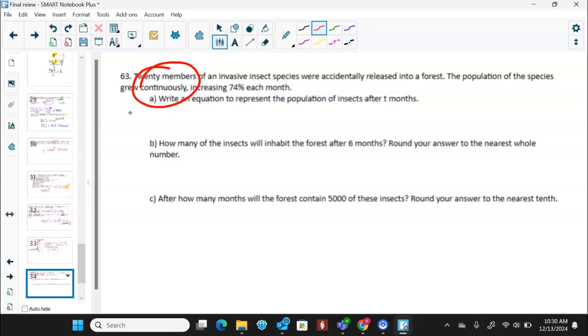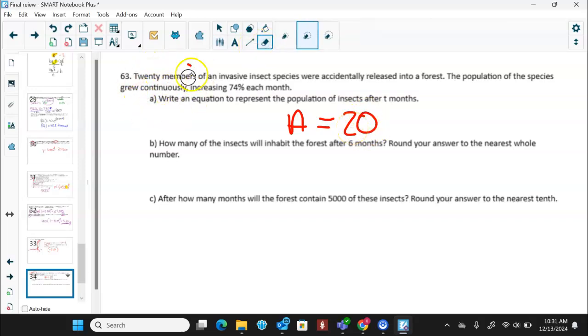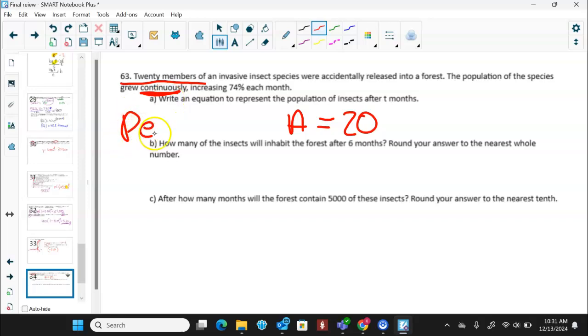We have the A, that 20 members, even though it's written in words and not a number. You've got to pay attention. 20 members is what we start with, because continuously means P-E-R-T. So initial 20, then e, rate 0.74, and we don't know the time. That would be our initial equation.